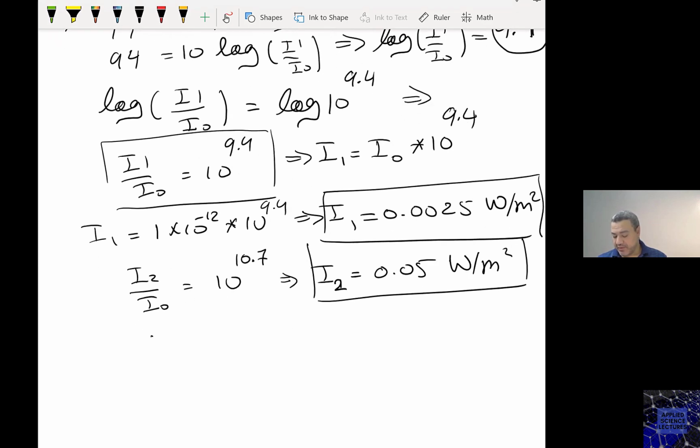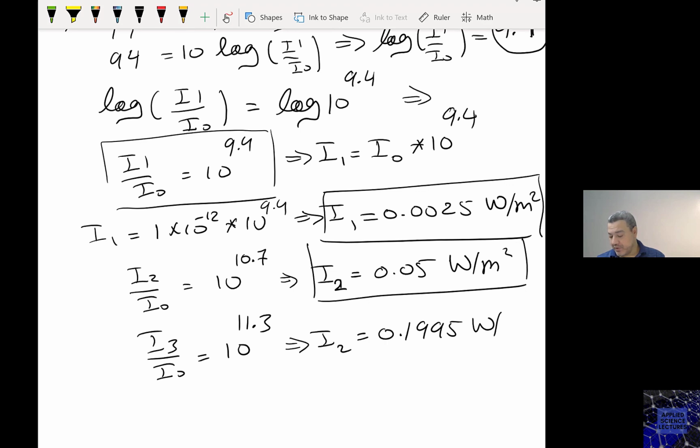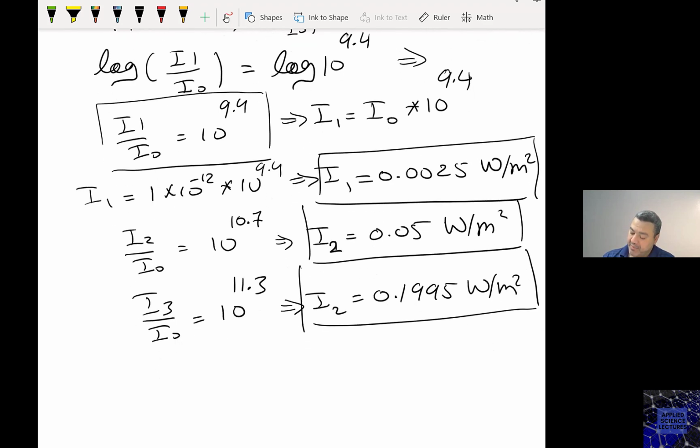Same thing here, I3 over I0 as 10 to the power 11.3, right, it's 11.3. Then I3 as 0.1995 watts per meter squared. So now those are the 3 intensities in watts per meter squared.